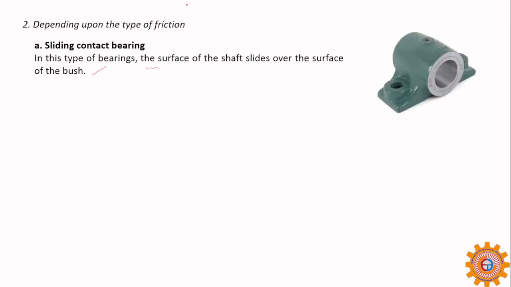Okay, so this is the main bearing housing. This part you can say clearly is the bush. In this the shaft is inserted. So in this part the shaft rotates.